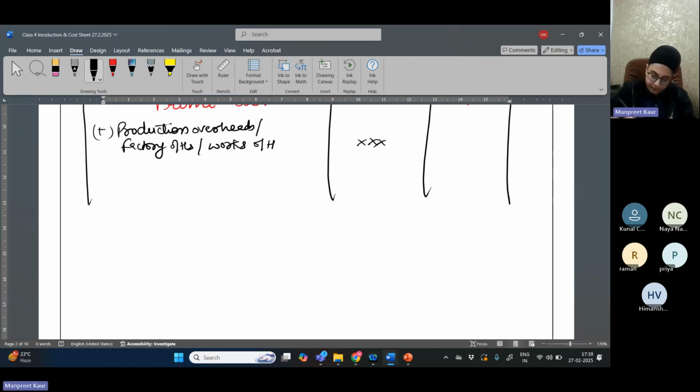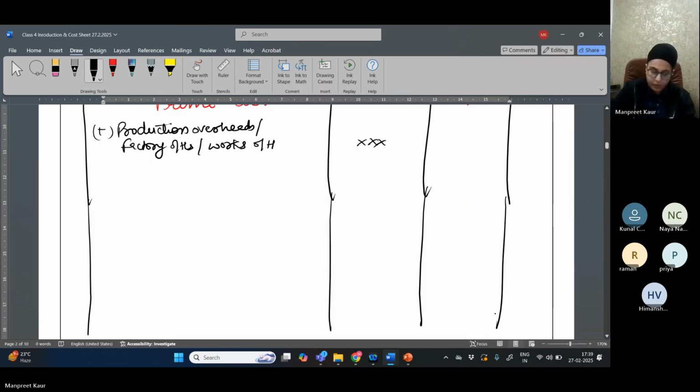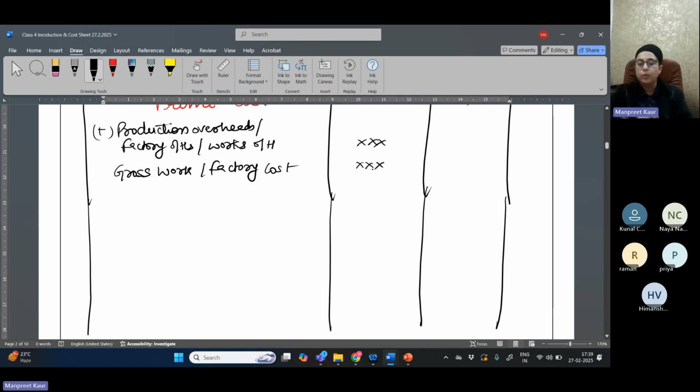It becomes the gross work or factory cost, because we have to adjust here the WIP, work in progress.